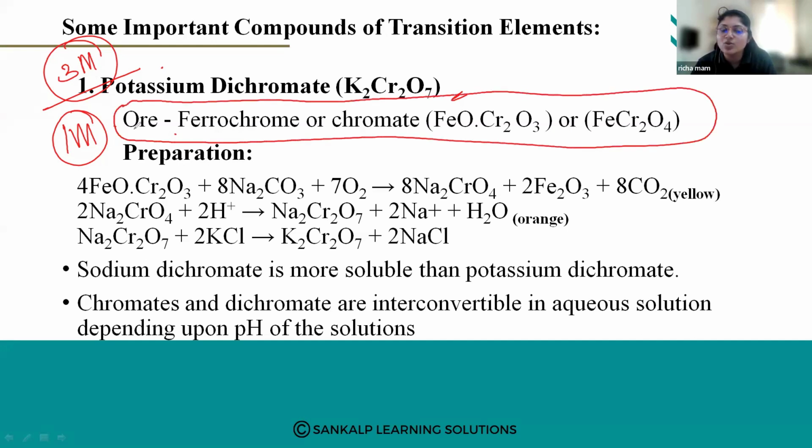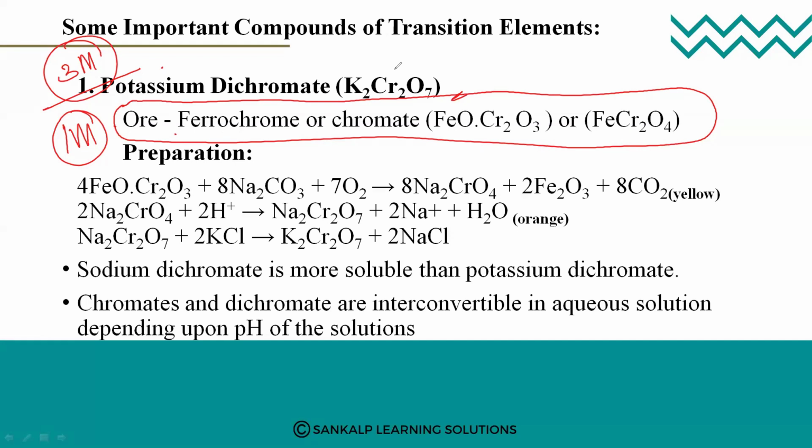So which is the ore? It is ferrochrome or chromite ore, and please see the composition also: FeO.Cr2O3 or FeCr2O4. This is the ore. Now what are we doing here?